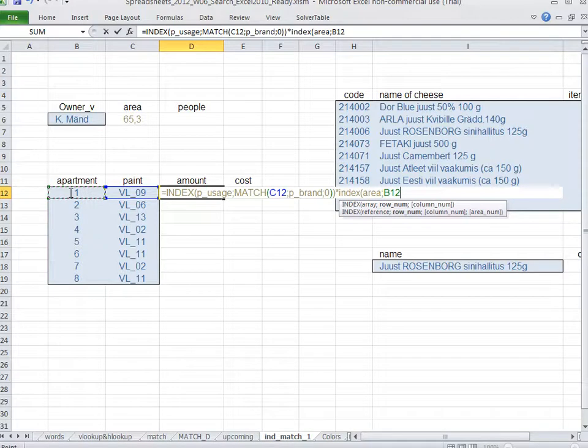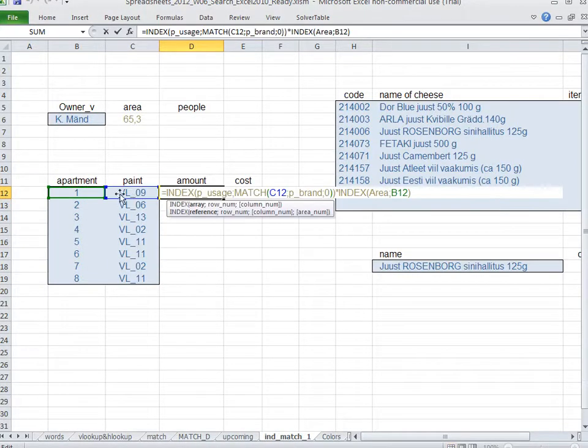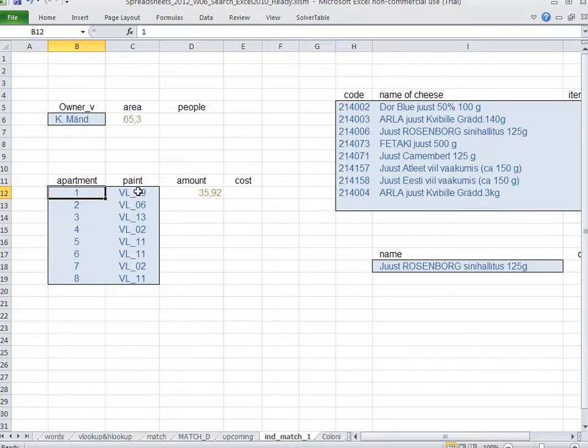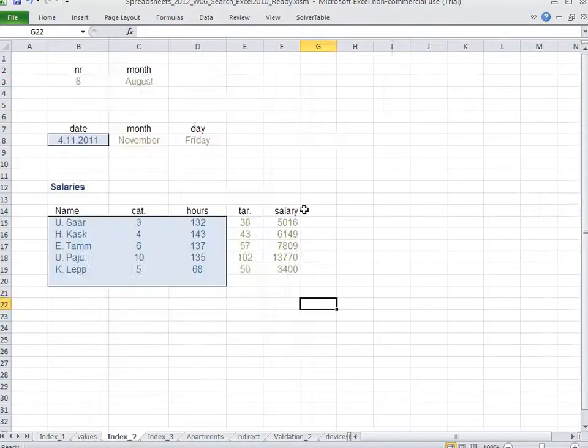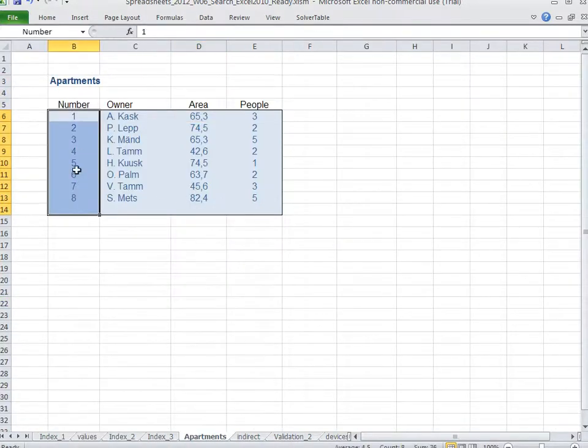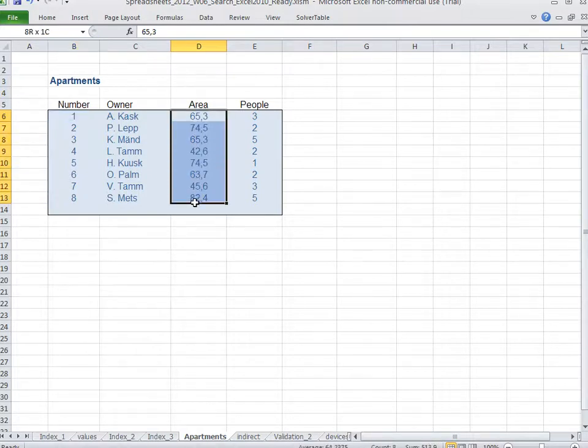Remember that from the last class, that since the first apartment is in the 1st row, second apartment is in the 2nd row, we don't actually need to do an INDEX and MATCH where we search for the first apartment and take its area, but it suffices for us to just go to the area block and take the first one if it's the first apartment. We don't need INDEX and MATCH, just INDEX suffices.